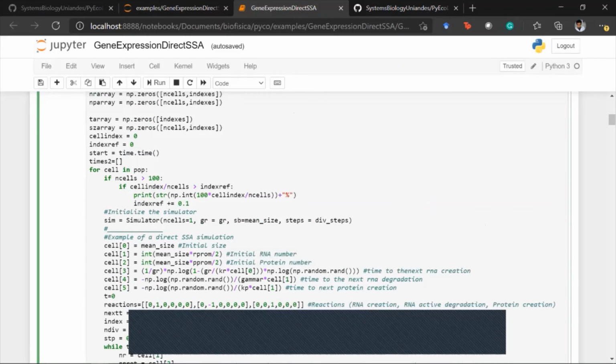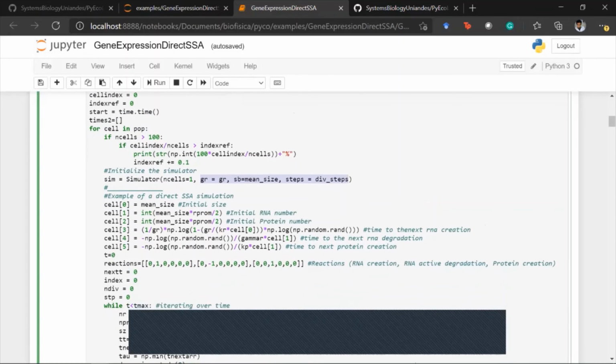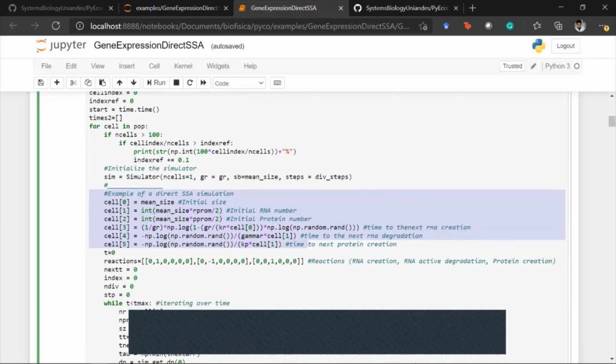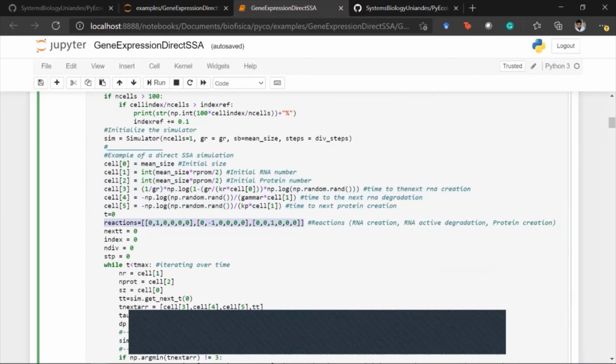Okay, so what we do here is make this iterator over the entire population, and I define a simulator of one cell with the given parameters of the size. We calculate these parameters, and we have the reaction matrix here.